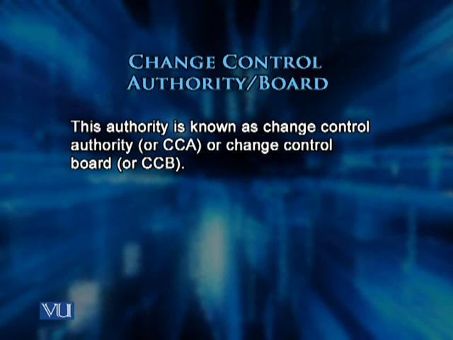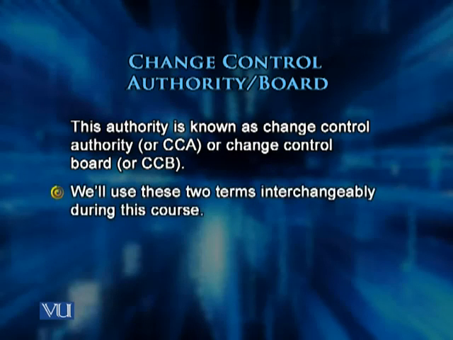In the first case, we also call it CCA for Change Control Authority, and in the second case, we call it CCB for Change Control Board. We will be using these two terminologies interchangeably in this course.